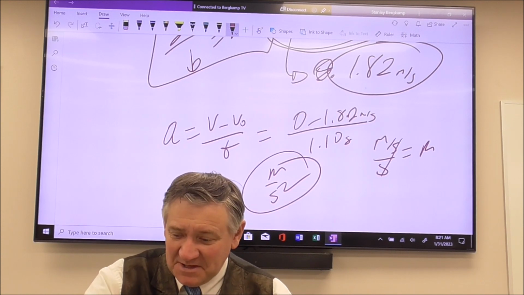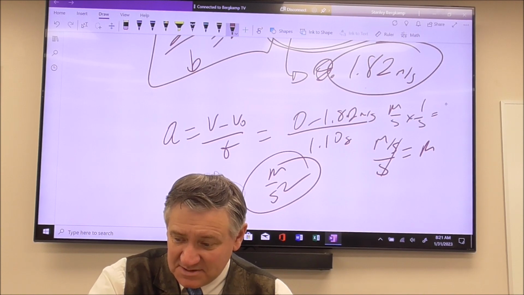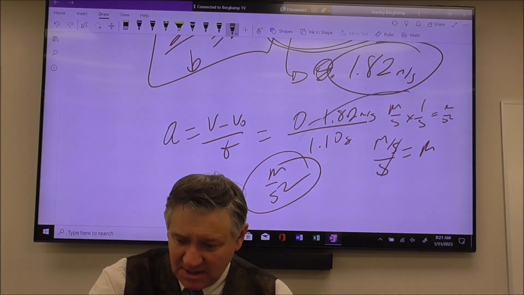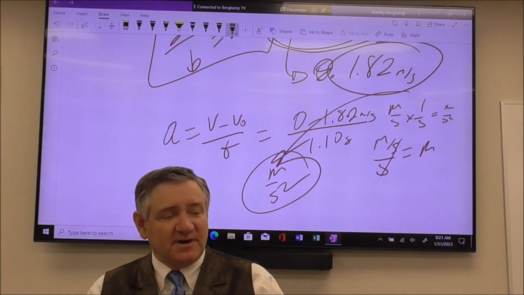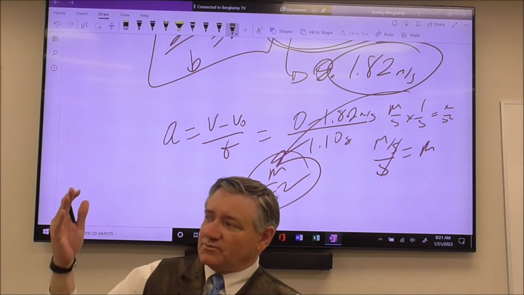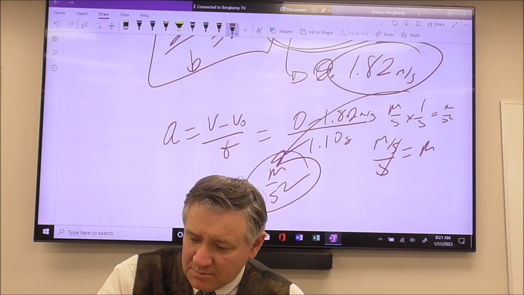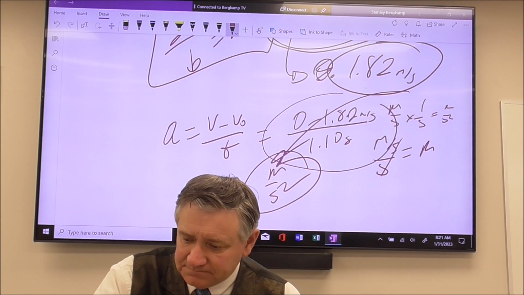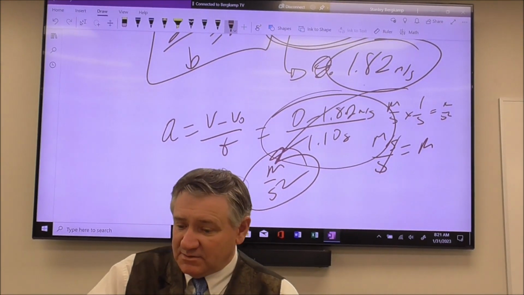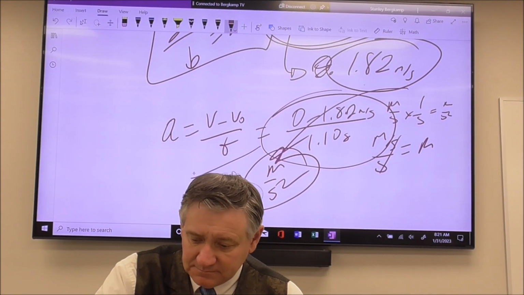And if you don't believe me, take meters per second times 1 over seconds, which is the reciprocal. Oddly enough, you get meters per second squared. So this is a rate function. It tells you the rate at which your velocity is changing per unit of time. So this slope, when I get this number, somebody take 1.82 and divide that by 1.1.